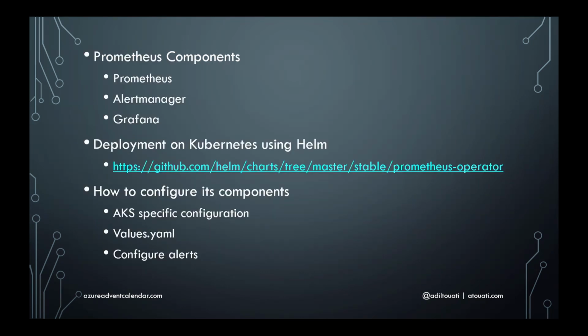Okay. So the first part, which is Prometheus components, we will be deploying through a Helm chart, which is the Prometheus Operator Helm chart, the stable one. There are 3 components that this Helm chart will take care of. As you might know, or if you are new to this, Helm is the package manager for solutions or software on Kubernetes.